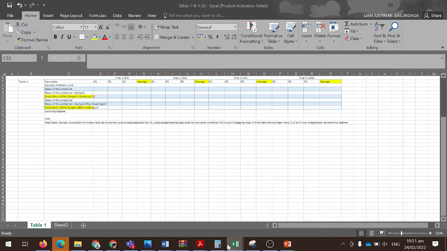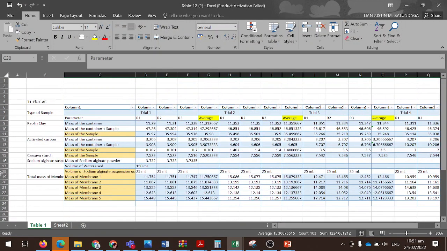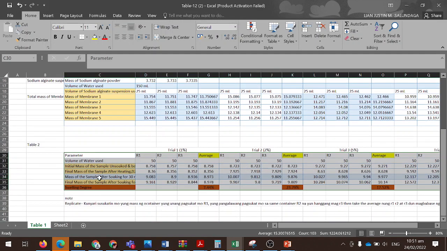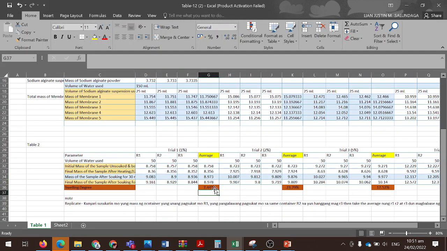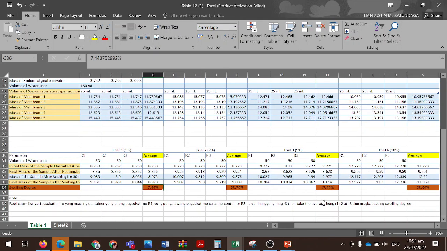So we have also noted the mass of the proton exchange membranes that we have used, which is trial one, which is this one. We take the average. Here is the mass of the sample, and this is just the ratio. Now, in the swelling degree, we have seen that the swelling degree of trial 1% is just 7.44, but trial 2% is 23.79, trial 3% is 17.59, and trial 4% is 28.96.